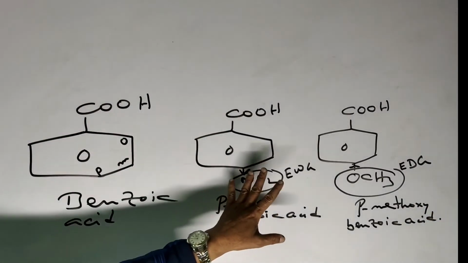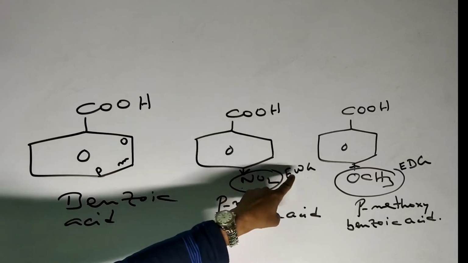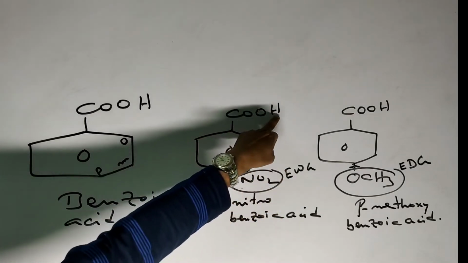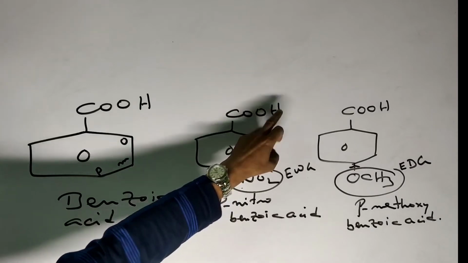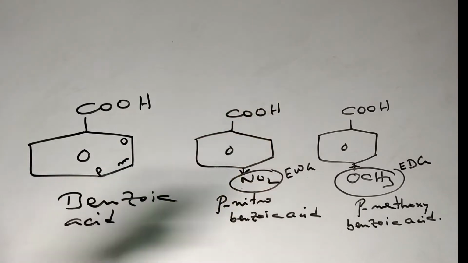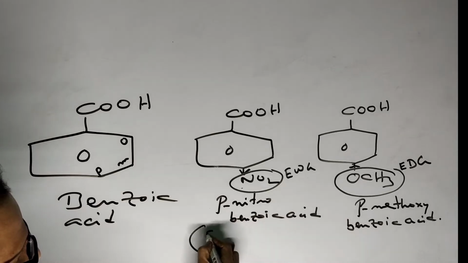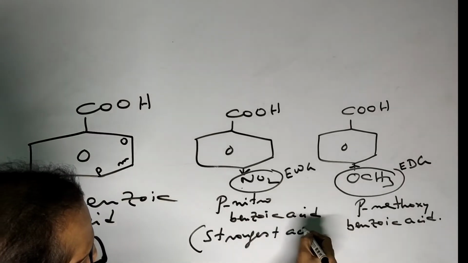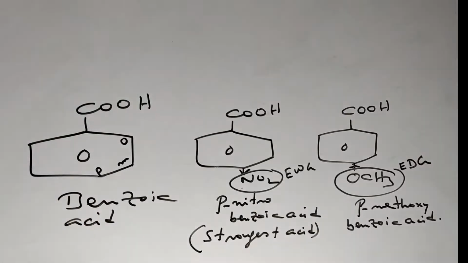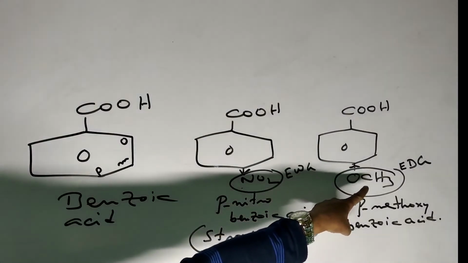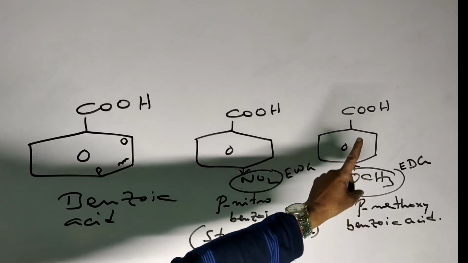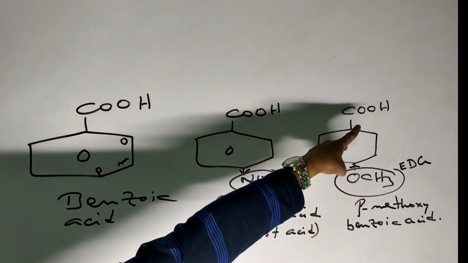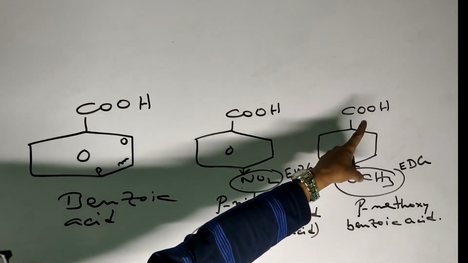So directly write, if an electron withdrawing group is present, then removal of H positive ion becomes easier, so acidity increases. So this is the strongest acid. And the presence of an electron donating group decreases the acidity as removal of H positive ion becomes difficult.